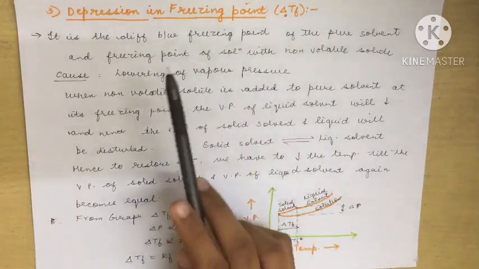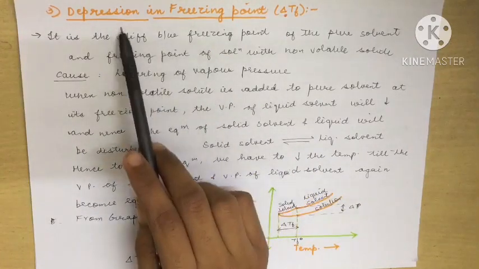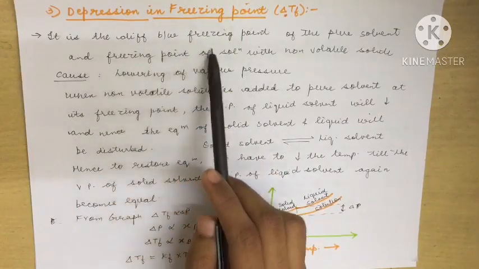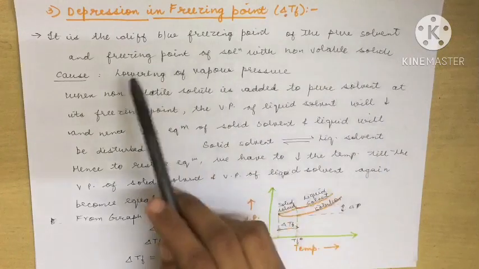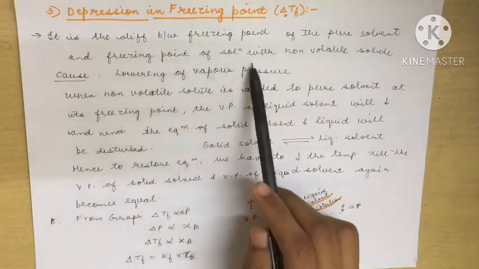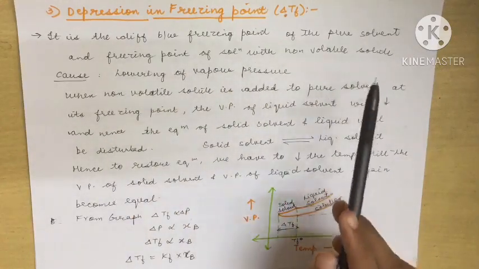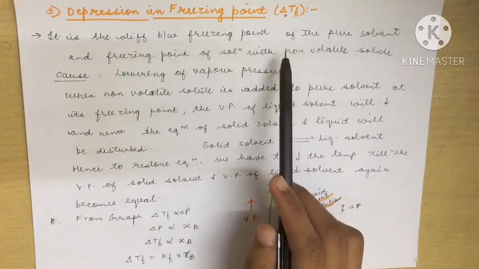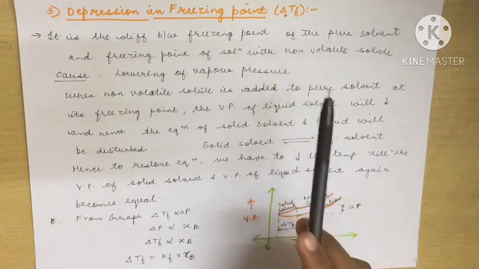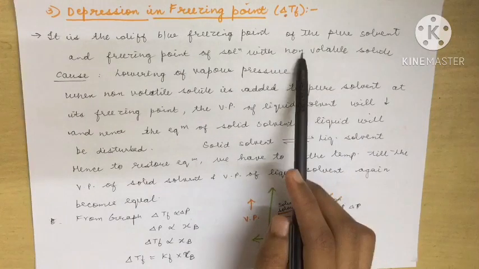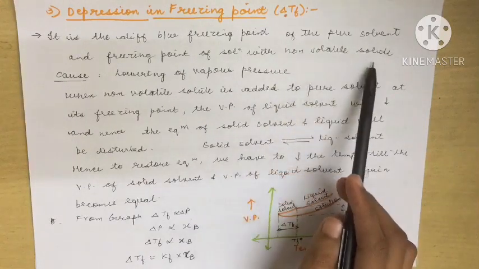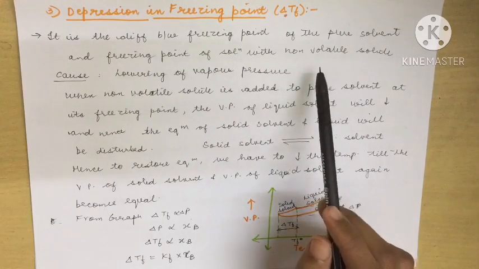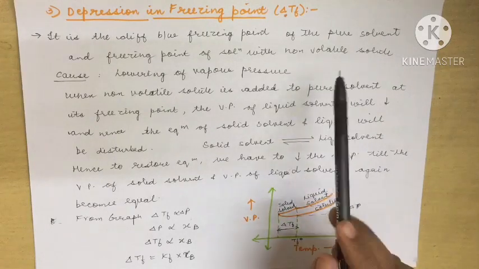So first of all, by the name, what is it? It is suggesting depression in freezing point. It means that it is the difference between the freezing point of the pure solvent and the freezing point of the solution with a non-volatile solute. Now what does this mean? This means that whenever we have a pure solvent, whatever be its freezing point, when you add a non-volatile solute to that pure solvent, the freezing point of the solution will always decrease.